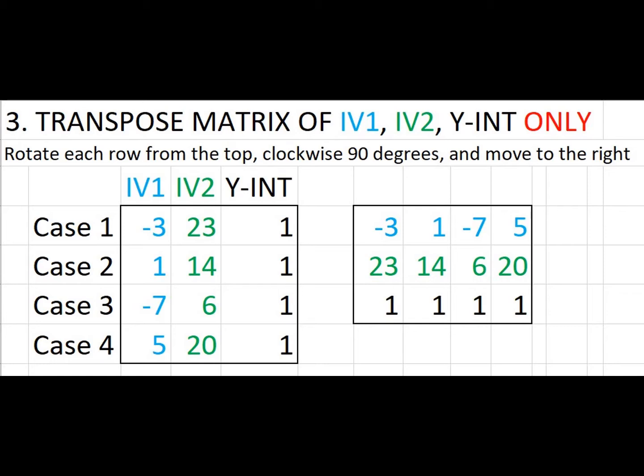So you can see how IV1, which is in blue, is relocated from where it is on the left to where it is on the right in the right side matrix. And you can see the same with the green independent variable, and you can see the same with the y-intercept. So we transpose the independent variables and the y-intercept only, not the dependent variable.